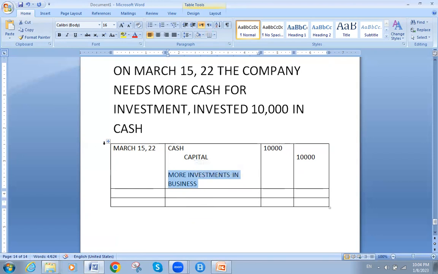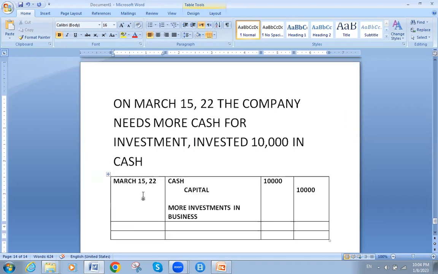This is not a new thing; we just mentioned this already when we did the start of the business. It was also from cash to capital at the start of the business. So cash and expansion will be in the figure of capital, like you see here in front of you, in the figure of investments. So from cash into capital, exactly like what we did when we started the project.